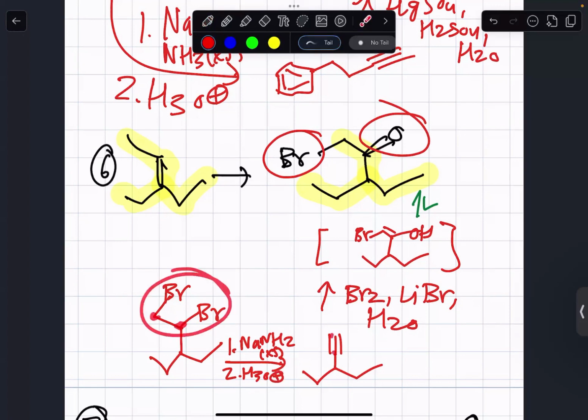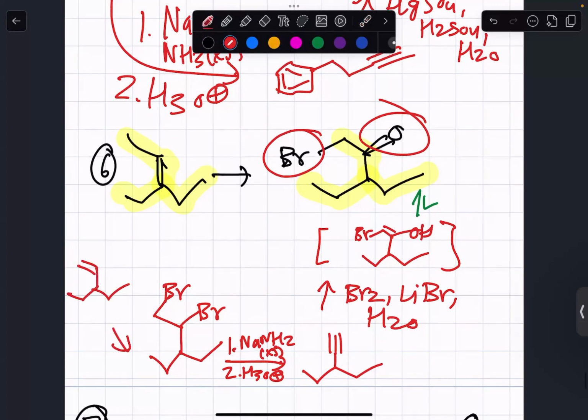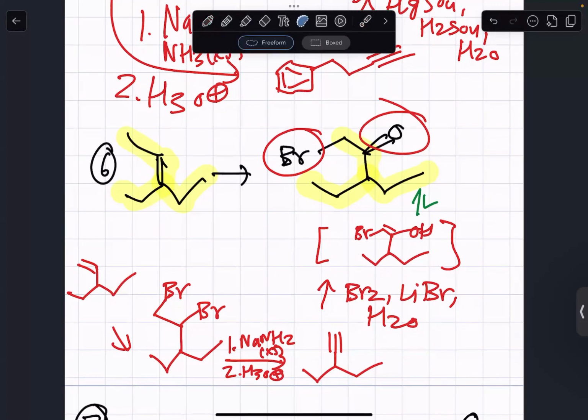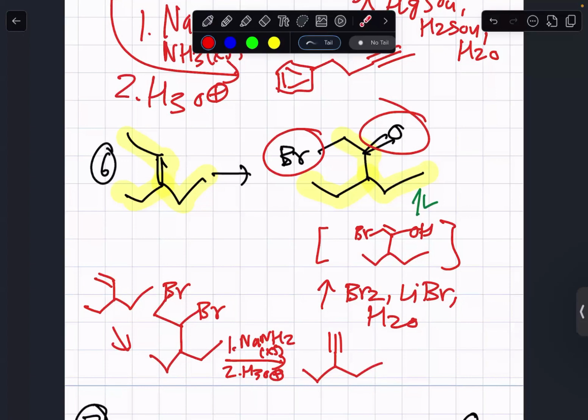Now, where did this vicinal dihalide come from? Let's go backwards even more. An alkene, yes. So let's put the alkene right there. Okay. Now, do you guys sense something very deja vu-y? Converting a more stable alkene to a less stable alkene? Midterm 1 reactions? What reactions can we do that in?